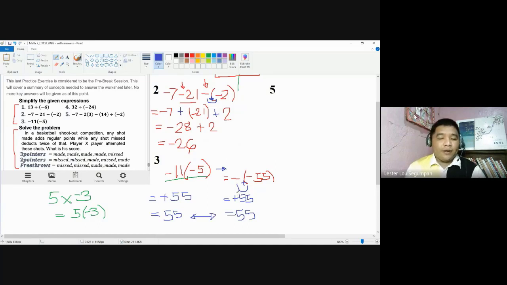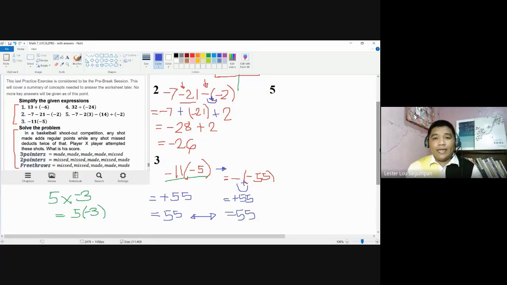Before we proceed to number 4 and 5, let me give you an important reminder. The rule of signs for multiplication: when multiplying numbers with the same signs, the result is positive, and when the numbers have different signs, the result is negative. This is actually true for two numbers.